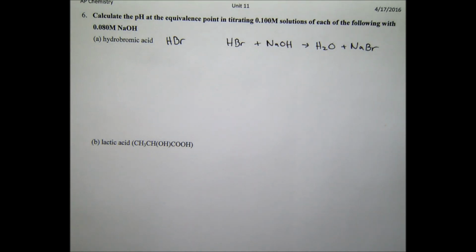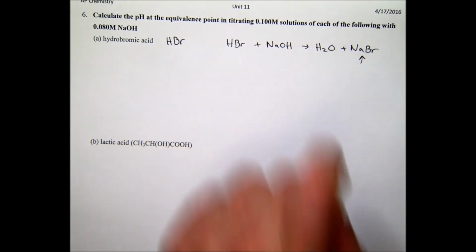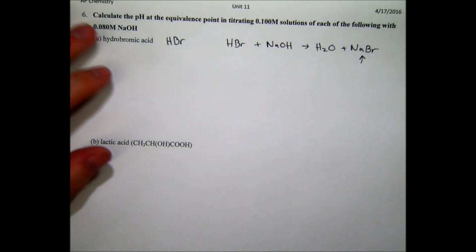So the neat part here is we can figure out what the concentration of the salt on these reactions is going to be no matter what. It's going to be an approximate calculation because we're going to take a couple things into account, but hopefully it'll make sense. So we're dealing with the equivalence point.